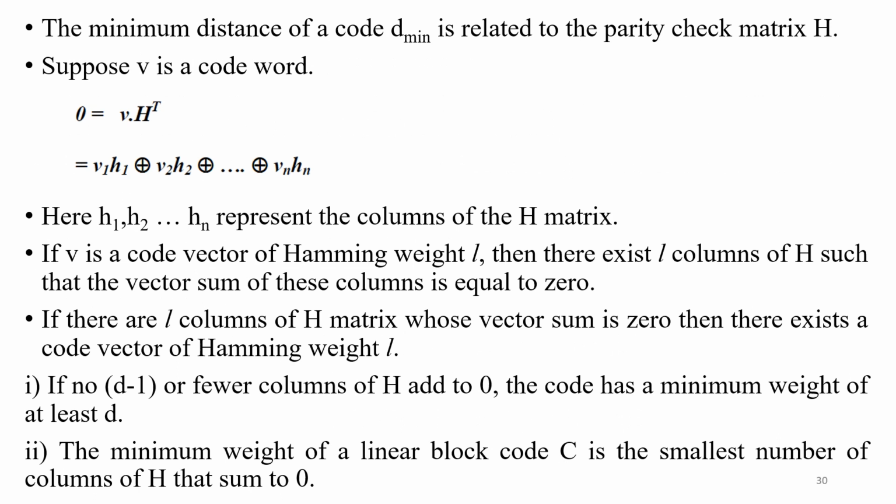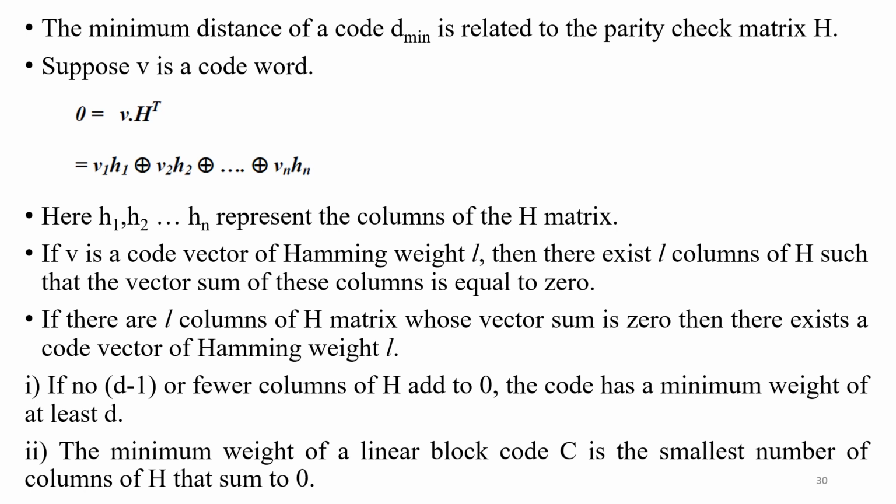The minimum distance of a code, d min, is related to the parity check matrix H. Suppose V is a code vector, then V dot H transpose equal to 0, and this is equal to V1 H1 plus V2 H2 plus up to Vn Hn. Here H1, H2, up to Hn represent the columns of the H matrix. If V is a code vector of Hamming weight L, then there exist L columns of H such that the vector sum of these columns is equal to 0.